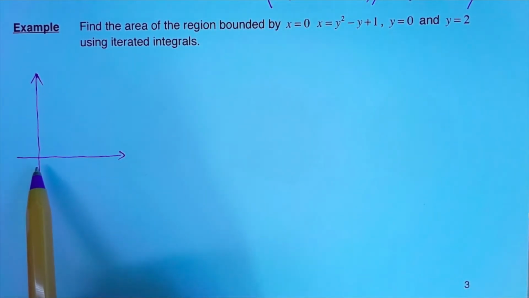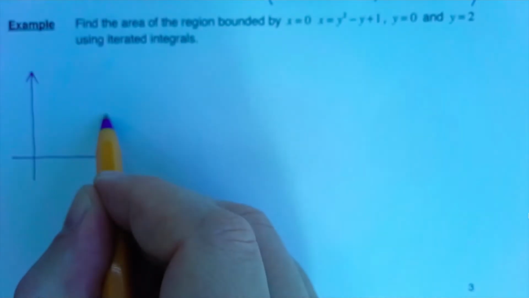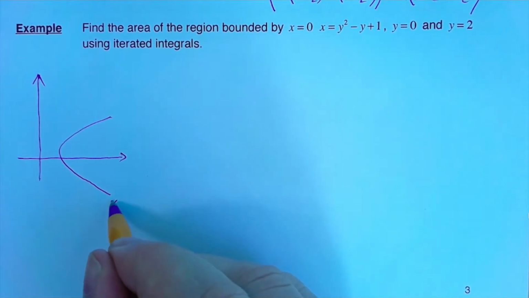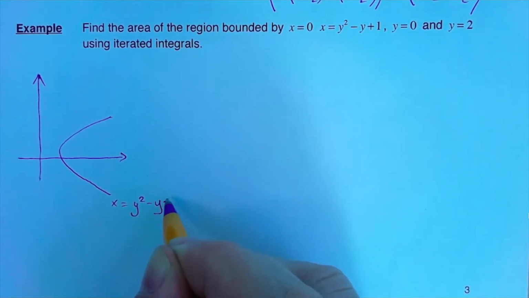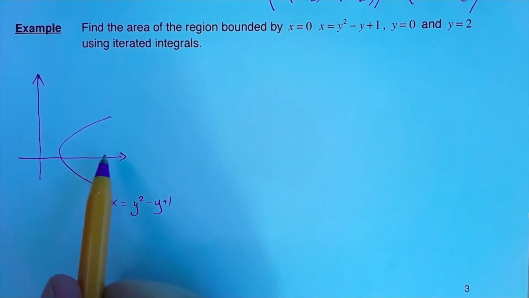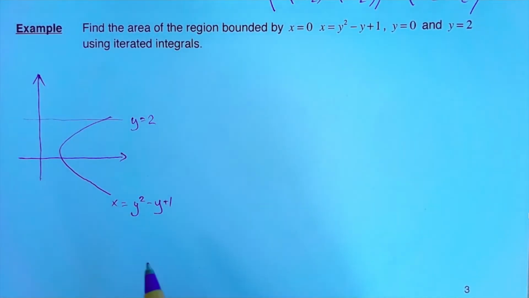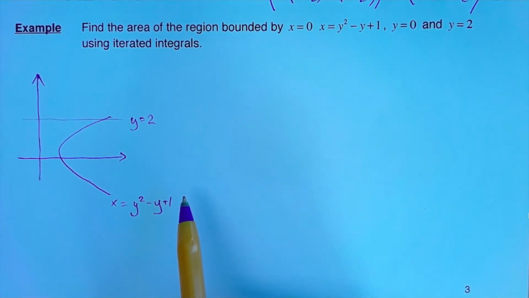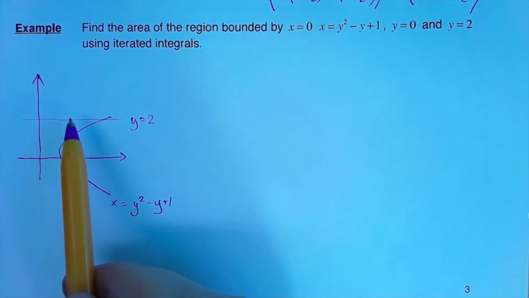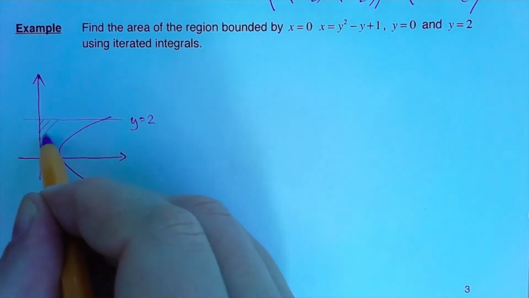We have x equals y squared minus y plus 1, which looks sort of like this. We have y equals 0, and we have y equals 2. So the region that is bounded by y equals 0, x equals 0, y equals 2, and x equals y squared minus y plus 1 is here.